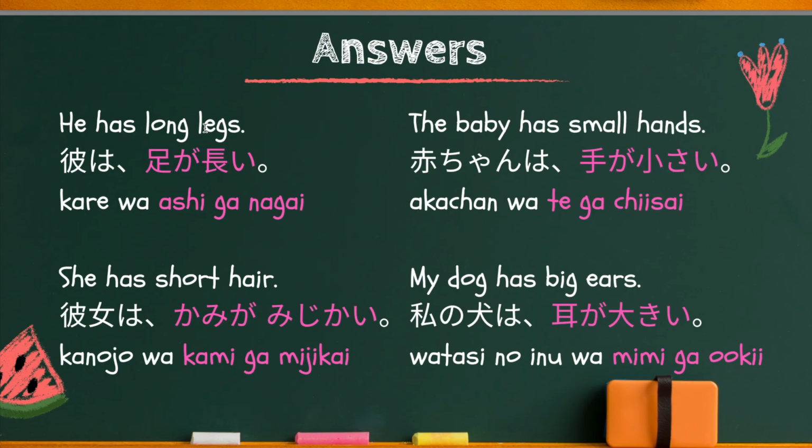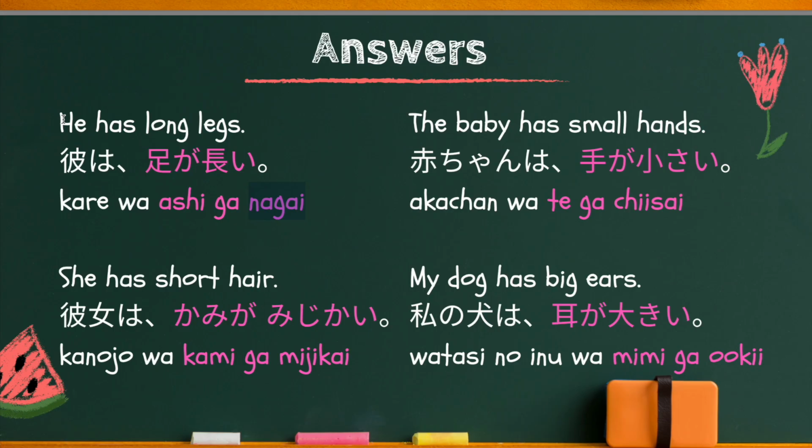He has long legs. 彼は足が長い。So the body part we are talking about right now is leg, which is 足 in Japanese. So body part, が particle, then lastly adjective, long, 長い。And we are talking about him.